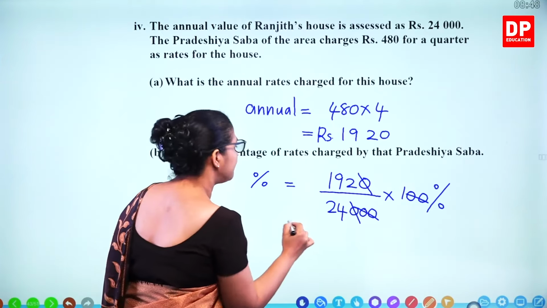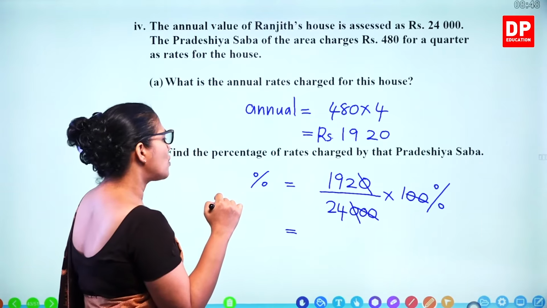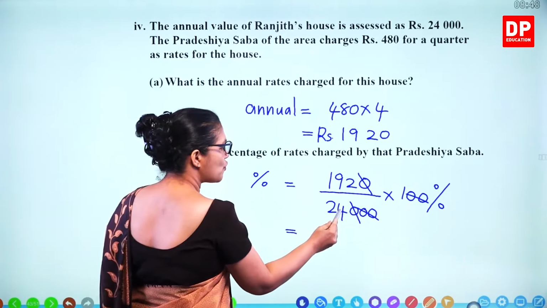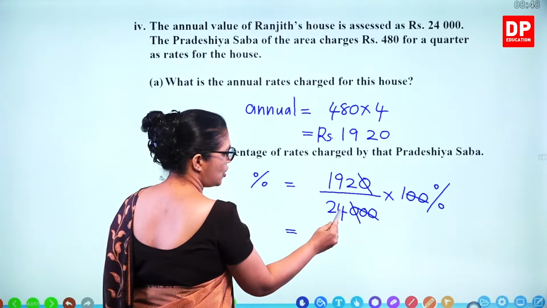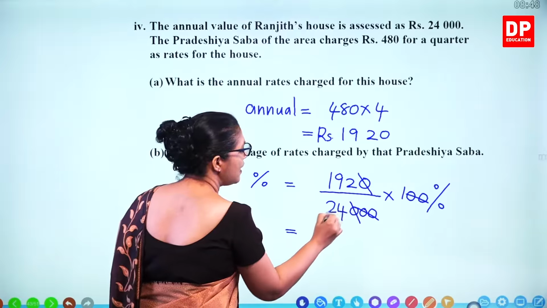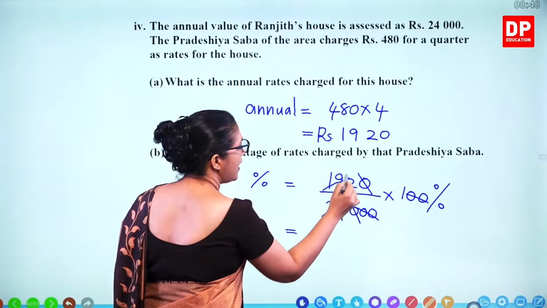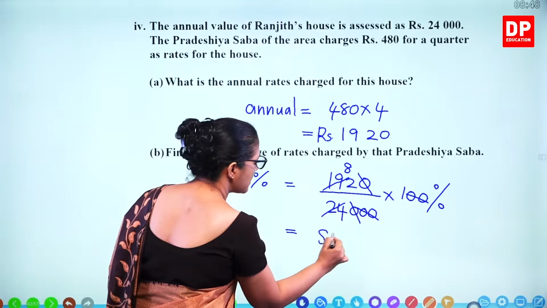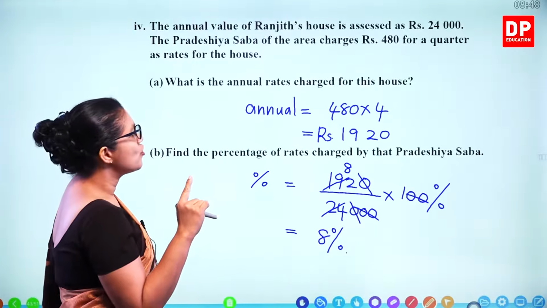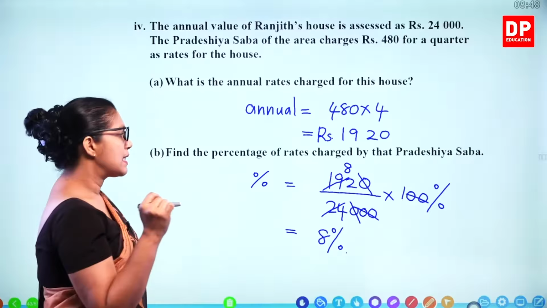So what is this? 24 times 8. 8 times 4, 32. And 3 remaining. 8 times 2, 16 plus 3, 19. So 8% is the percentage rates charged by that Pradeshya Sabha.